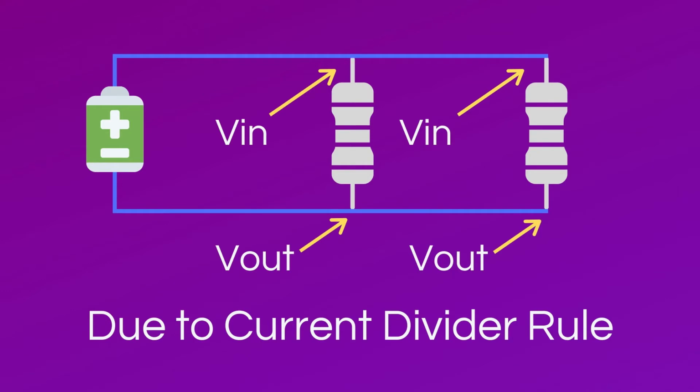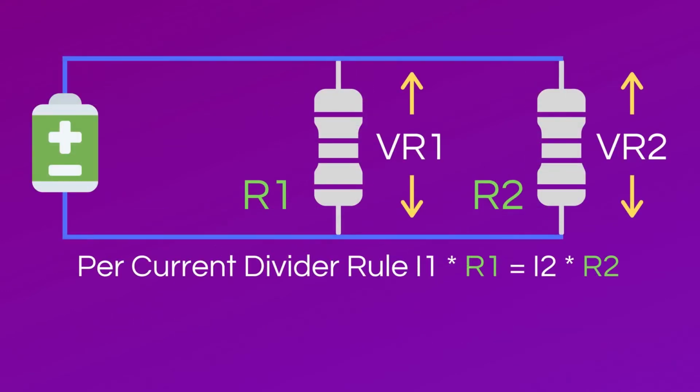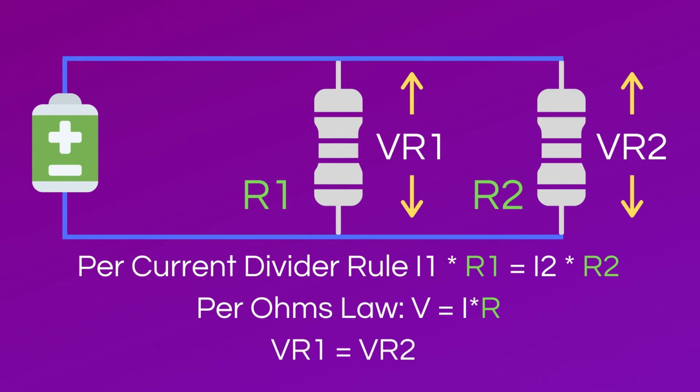The current divider rule works in such a way that I1 times R1 will always equal I2 times R2. Per Ohm's law, which states V equals IR, or voltage equals current times resistance, and the current divider rule, the voltage over R1 will always equal the voltage over R2.